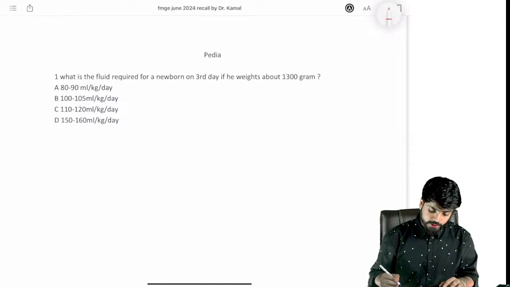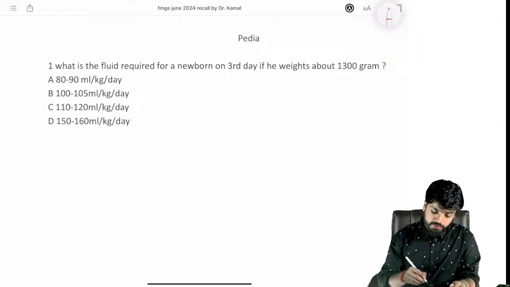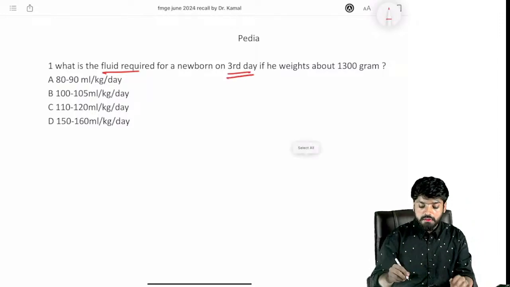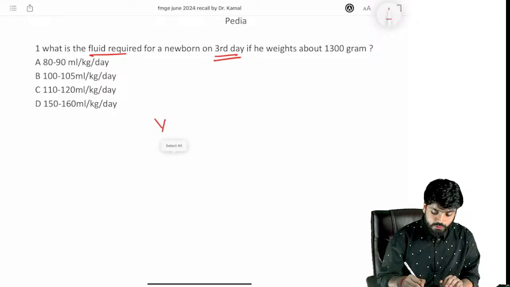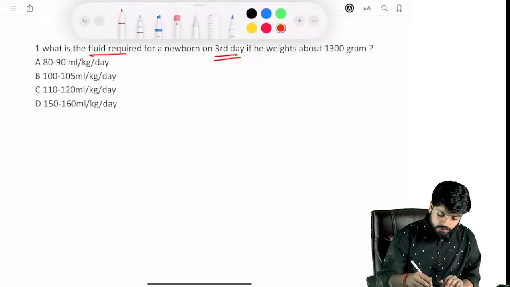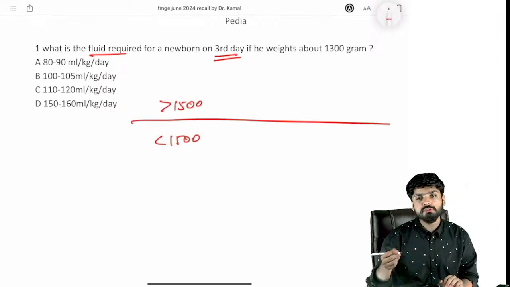Now for the pedia. It's a very important topic. The first question that is given over here is fluid requirement in a newborn on the third day. The classification is according to the weight of the child. First of all, it's going to be either more than 1500 or less than 1500. Some books vary.